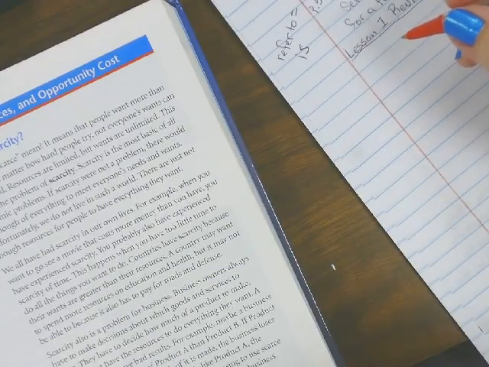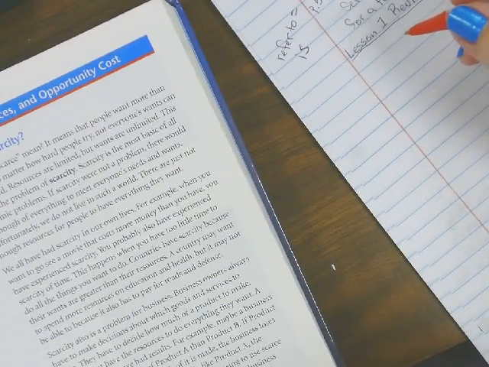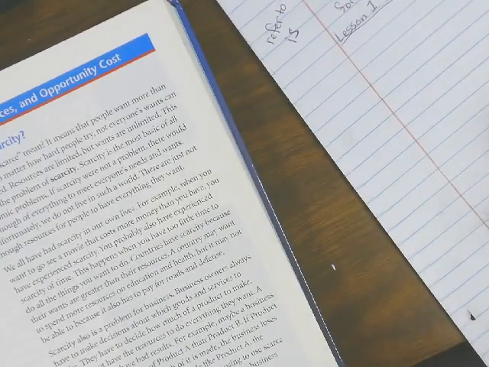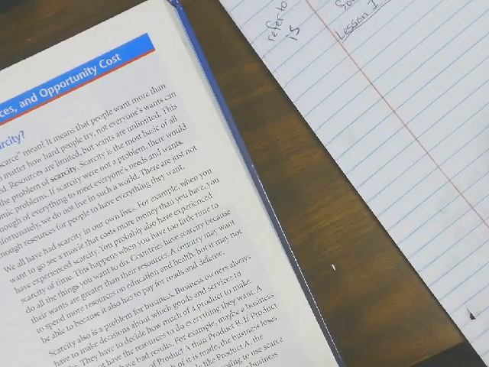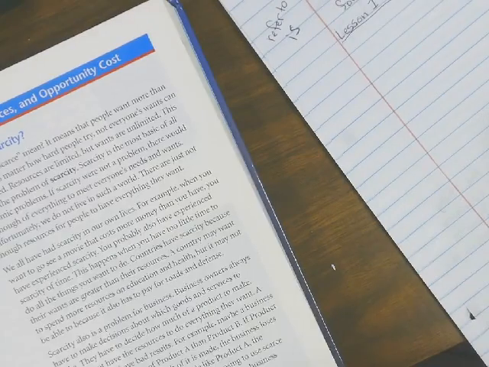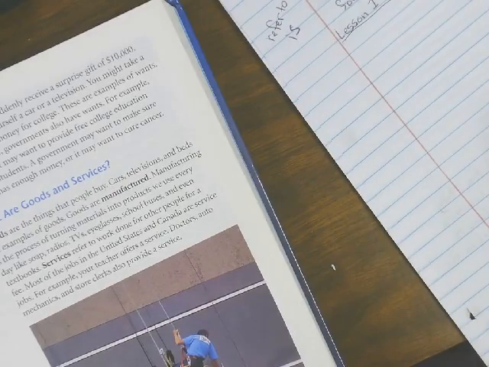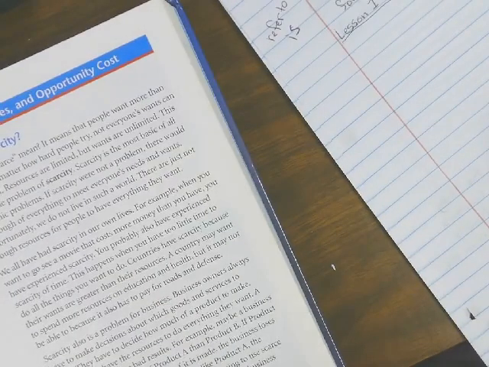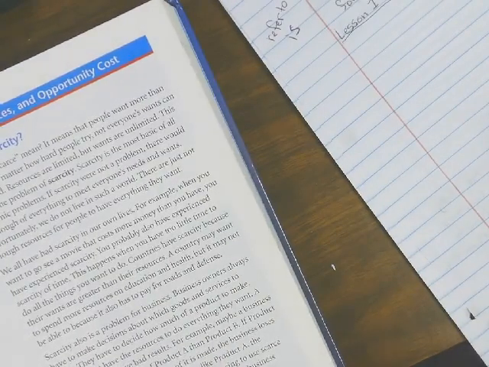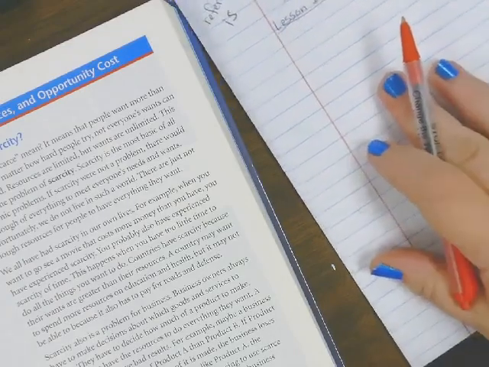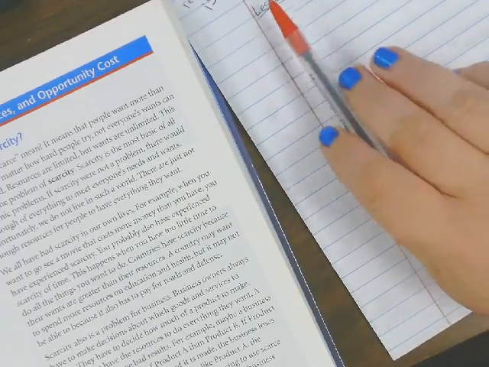So here's my word bank. Here are my questions. The study of how people and countries make decisions about resources is called. So I'm going to look for the keyword. You would put lesson 1 review.